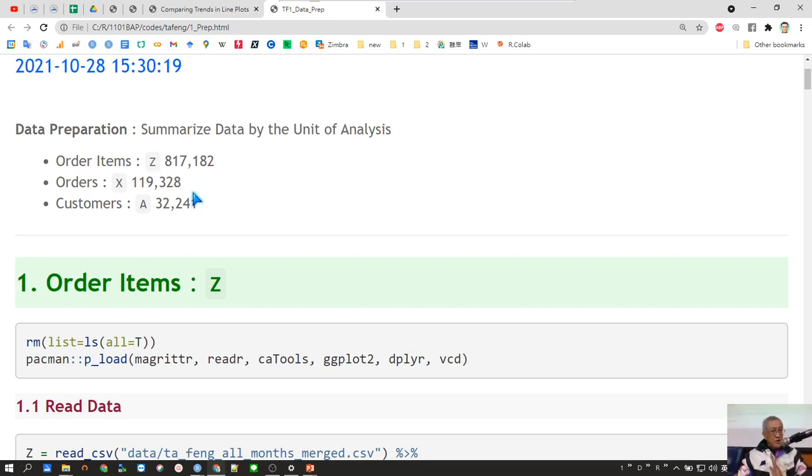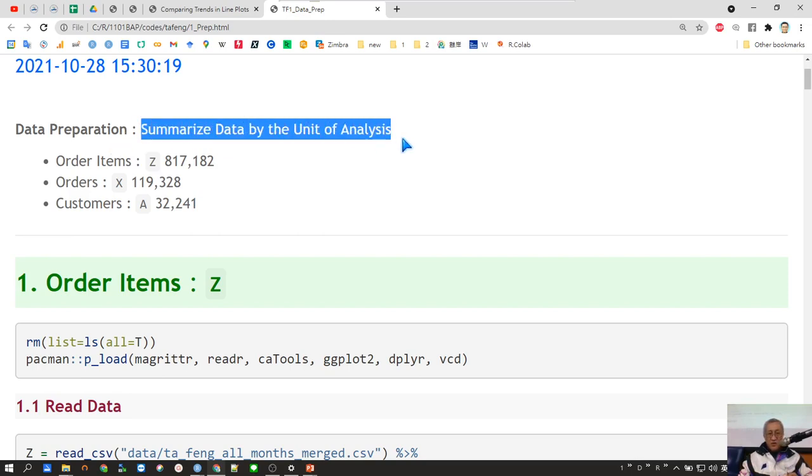Every time they will buy different items in an order. So before anything, you want to summarize the data by the unit of analysis. This sentence is very important. What is your subject of interest? What is your subject of research? You want to aggregate data into your research subject.